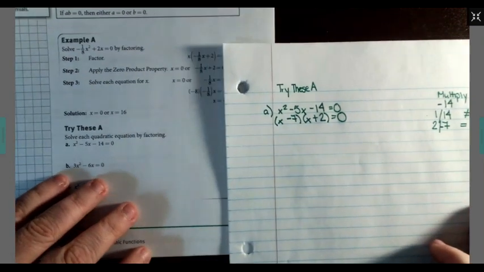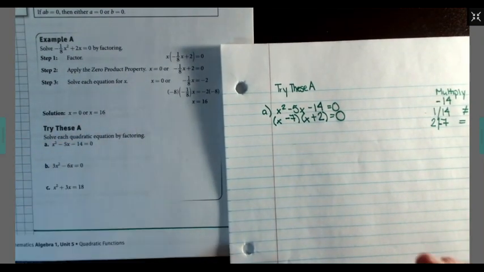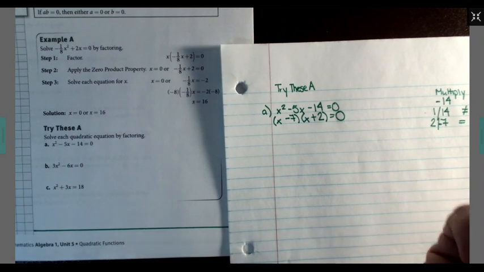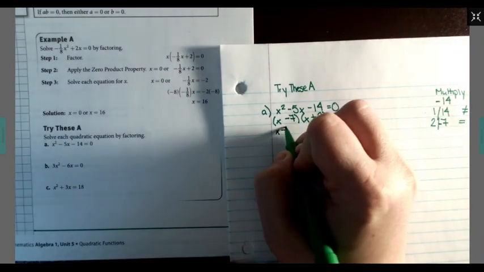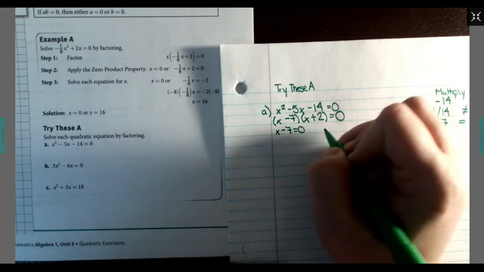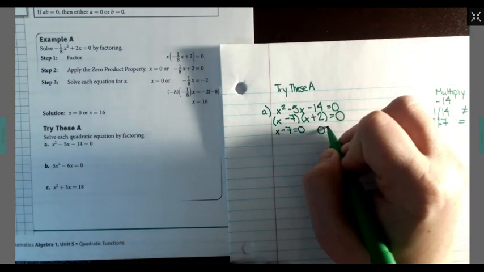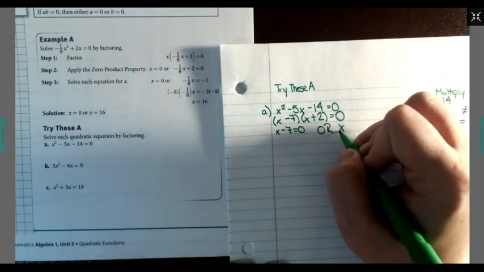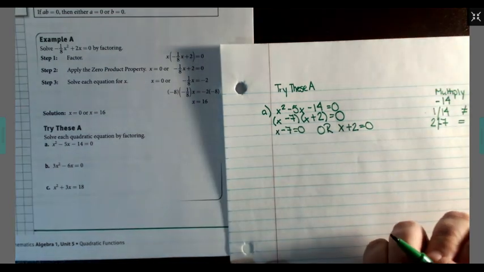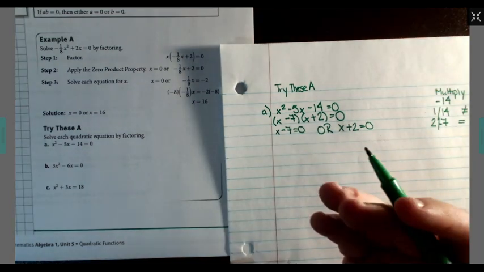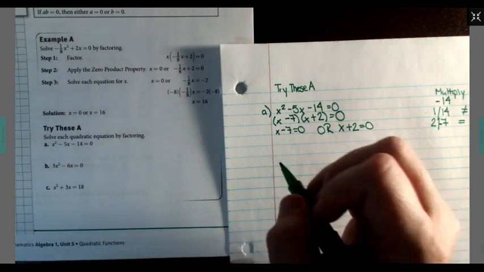Now it says apply the zero product property. So we set each individual piece equal to 0. So x minus 7 equals 0, or x plus 2 equals 0. Step 3 says solve each equation for x.